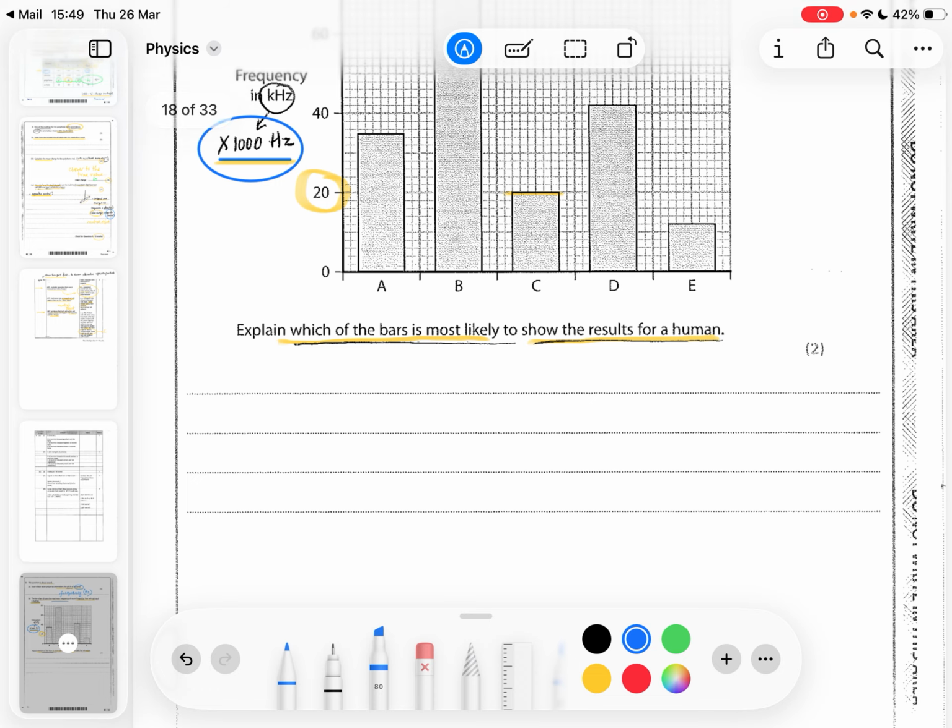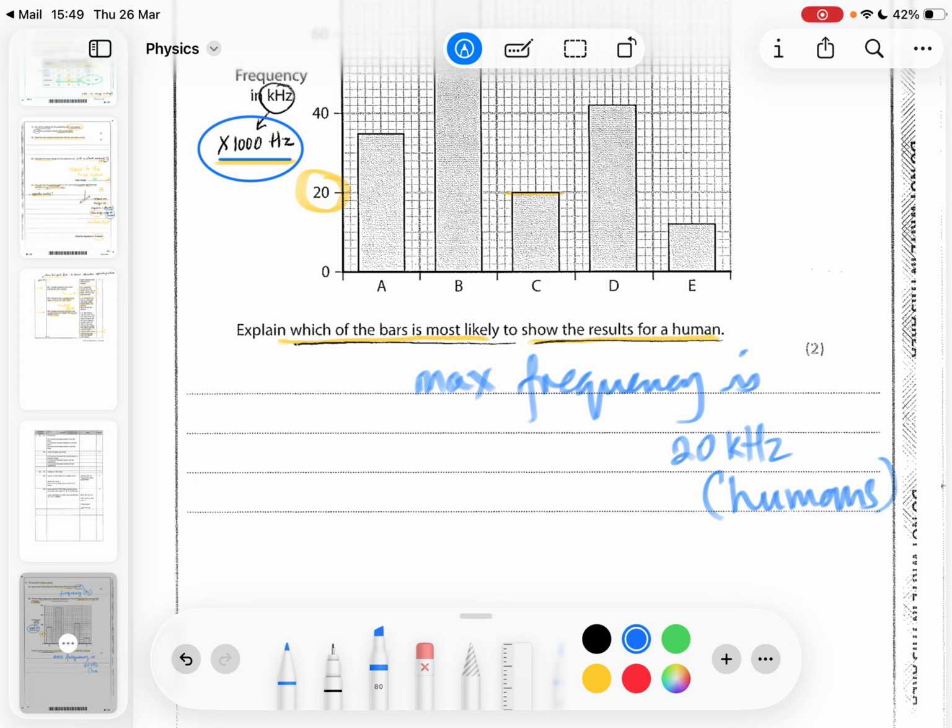Explain which of the bars is most likely to show the results for a human. It's C, and you've got to say maximum frequency is 20 kilohertz for humans.